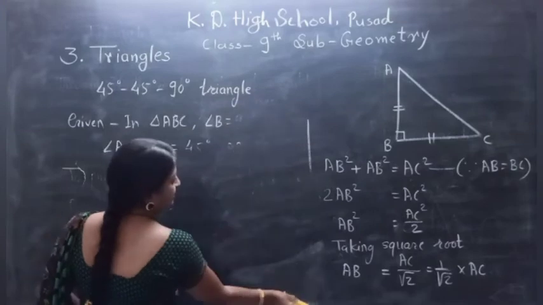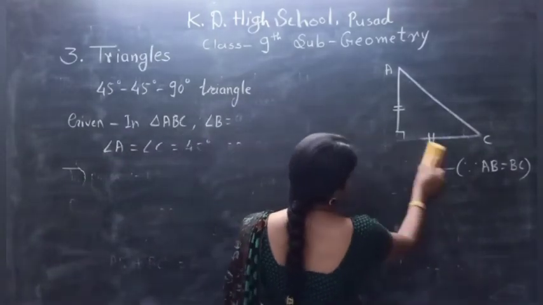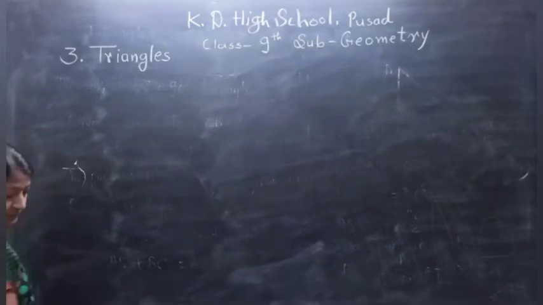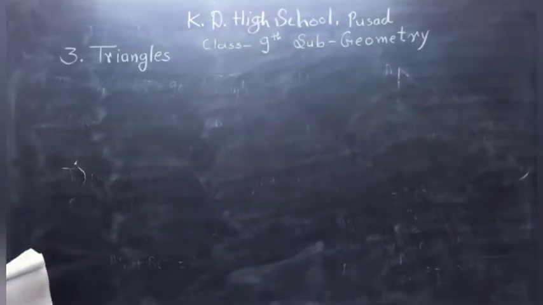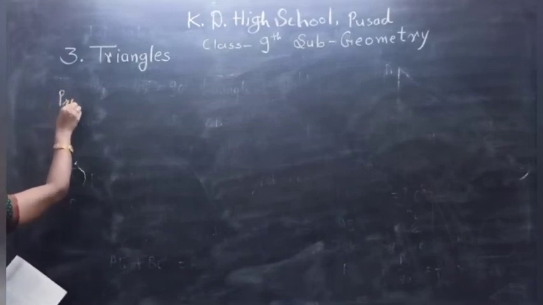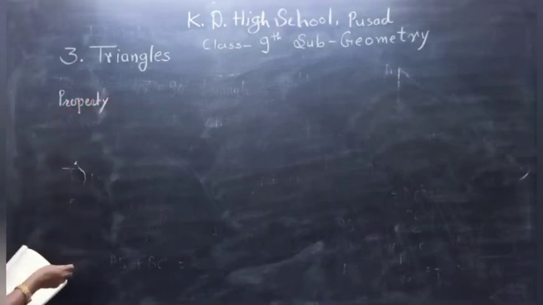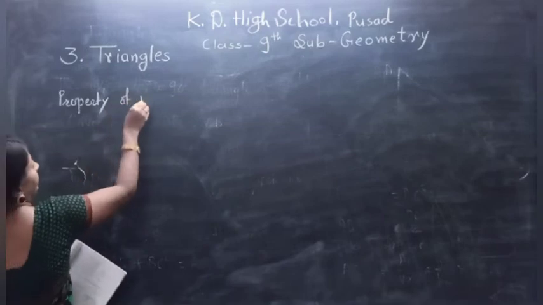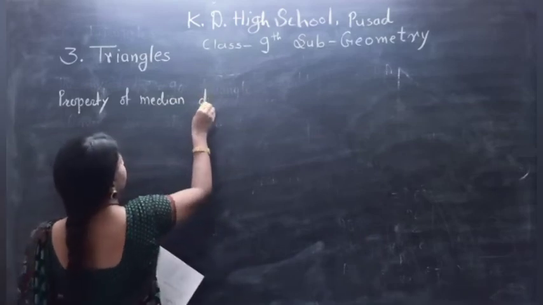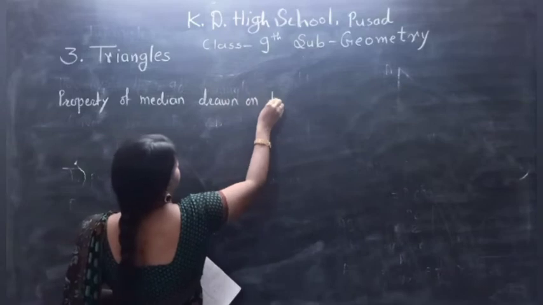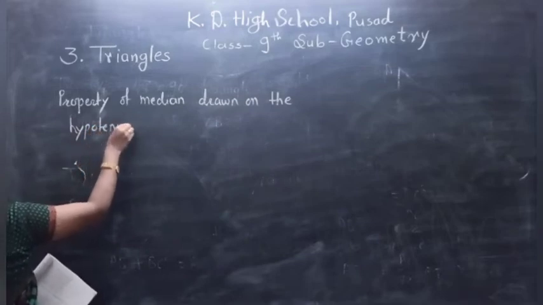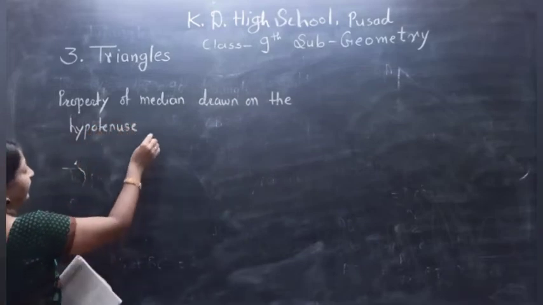Which segment do we say is the median? Property of the median drawn on the hypotenuse of a right angle triangle.